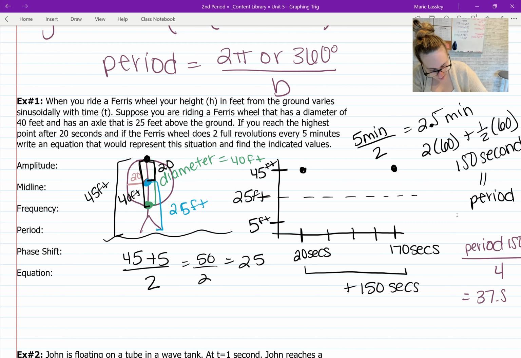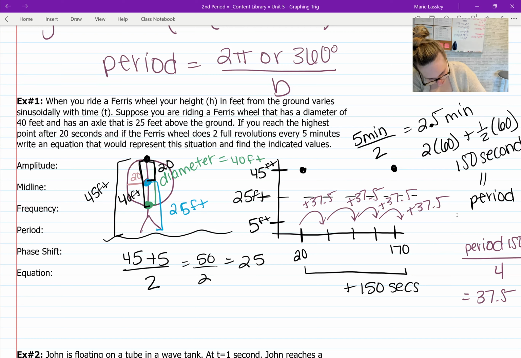So I'm going to add 37.5 each time to get to my next point, just like we do with all of our other ones. 20 plus 37.5 is 57.5. 57.5 plus 37.5 is 95, plus 37.5 is 132.5. And if we add it one more time, it should give us 170, and it does.